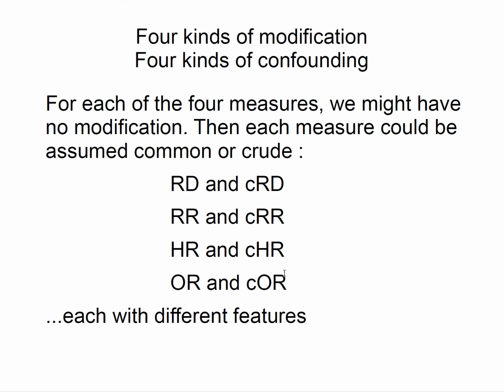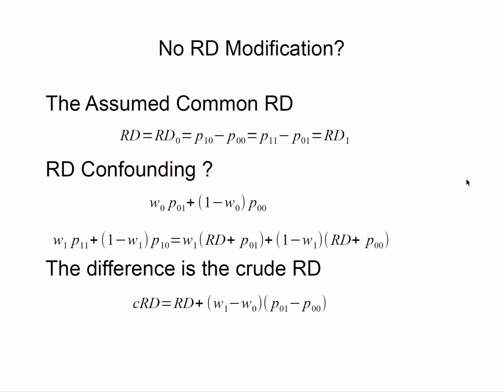And we have four of these. Now let's take a look at the scenario when we assume that there's no risk difference modification. Let's take a look at that case first.